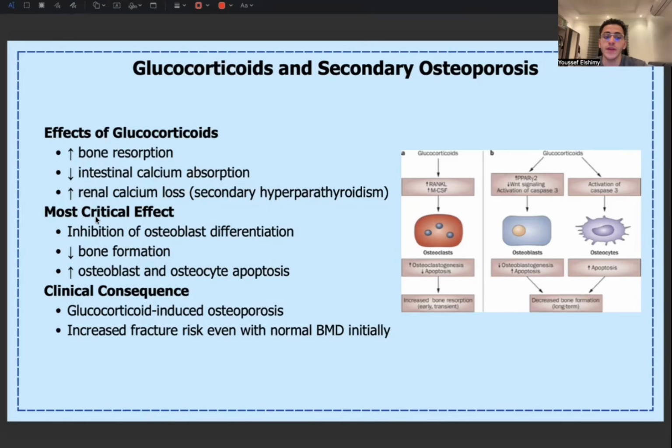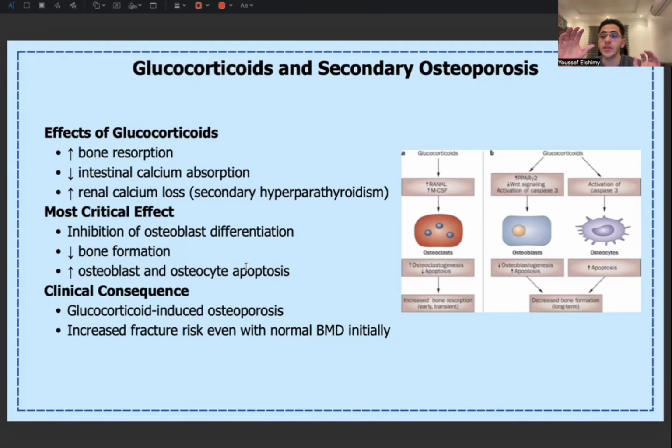So the most critical effect is the inhibition of osteoblast differentiation. So what happens is that the osteoblasts are not differentiated. And we mentioned that the osteoblasts play a role in bone formation. So if they're not differentiated well, there would be decreased bone formation and increased osteoblast and osteocyte apoptosis. So that's why there's always a balance between bone formation and bone resorption.